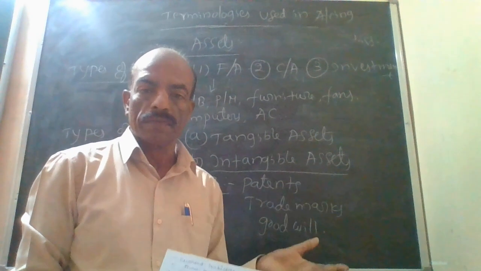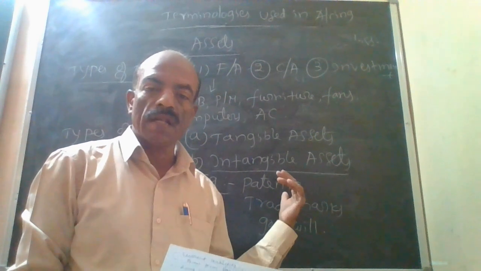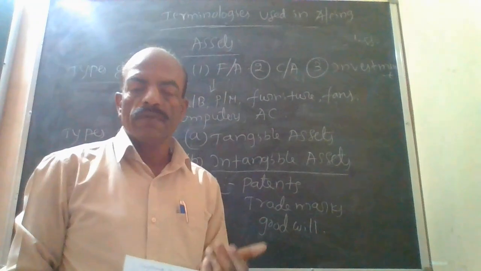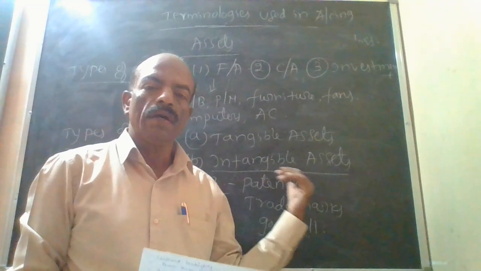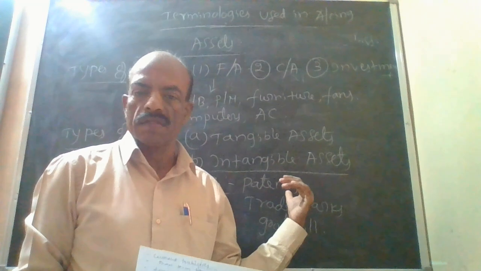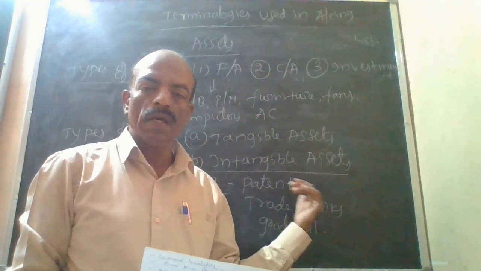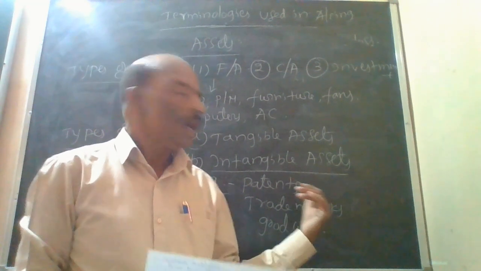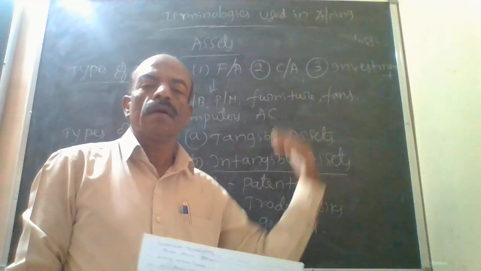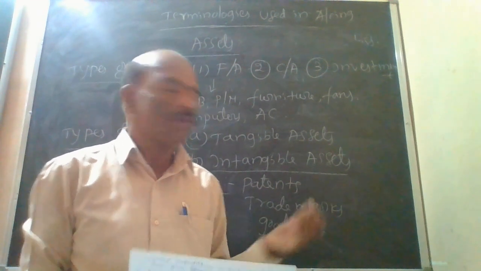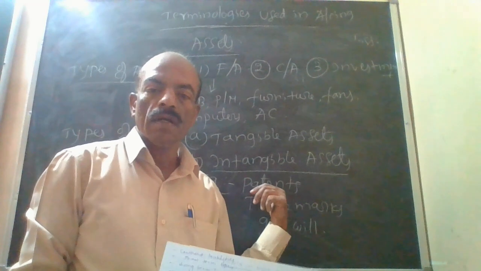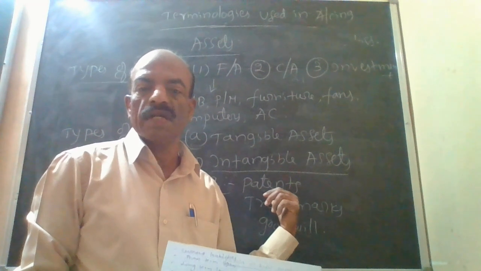For that, they will register under the Patent Act. For example, ours is an XYZ company successful in finding a vaccine for the coronavirus. So what will they do? They will register their formula, and that formula they can hand over to others for particular years. Therefore, patent is a fixed asset.